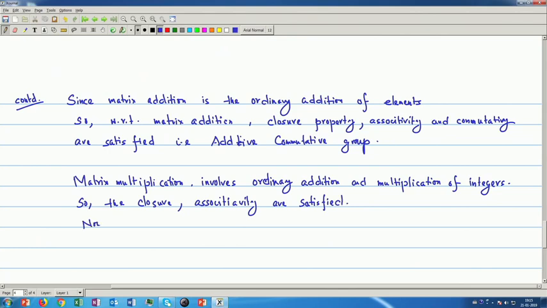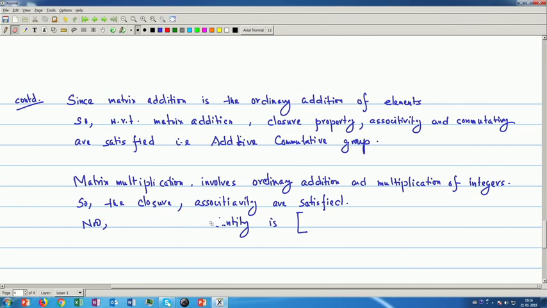Now, since it is multiplication, the multiplicative identity is, sorry, oh, we have not yet covered that; the distributive properties we have to check.